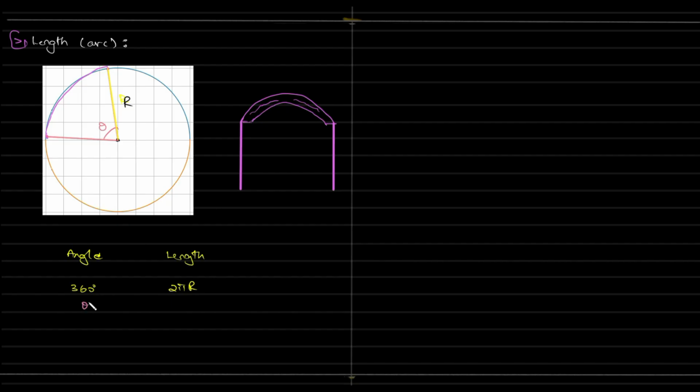If I have an angle of theta, how much length will I be running? Same thing, cross multiply: x into 360 is equal to theta into 2 pi r, divide by 360 on both sides. And so x is equal to theta by 360 into 2 pi r. And this is your formula.